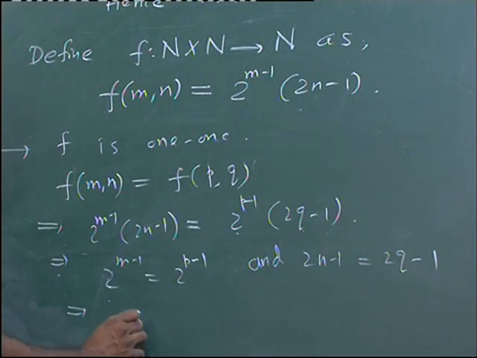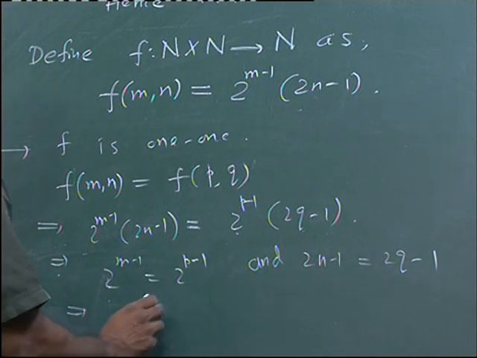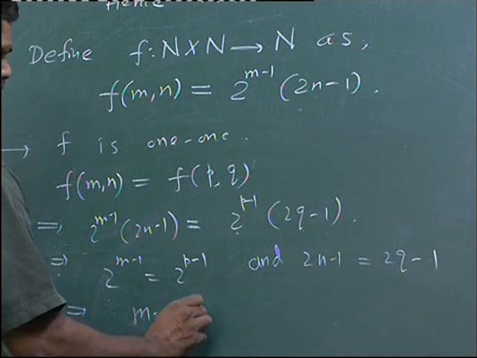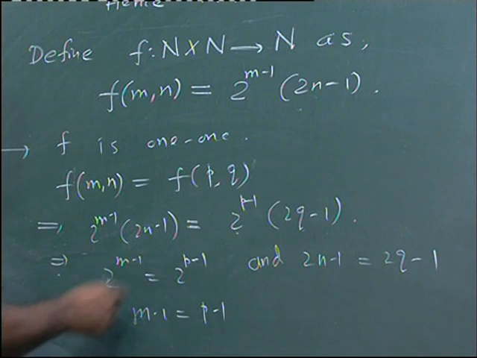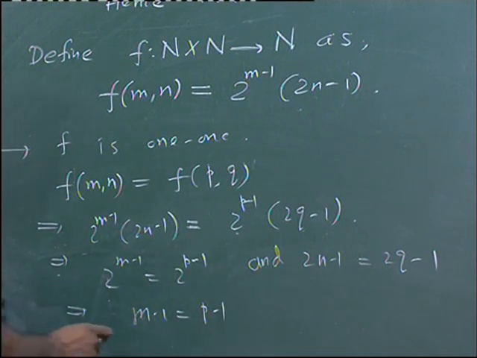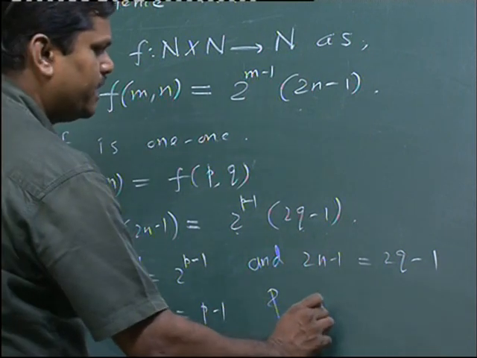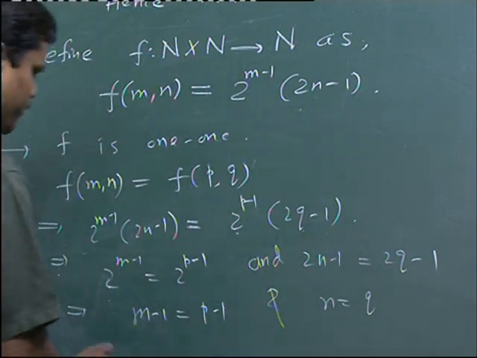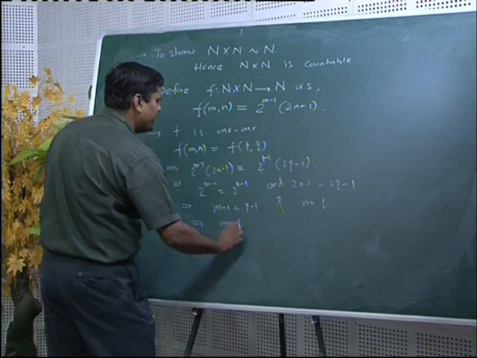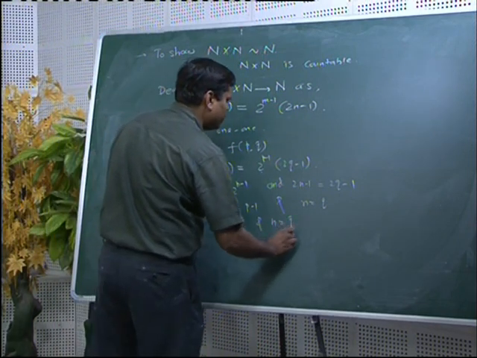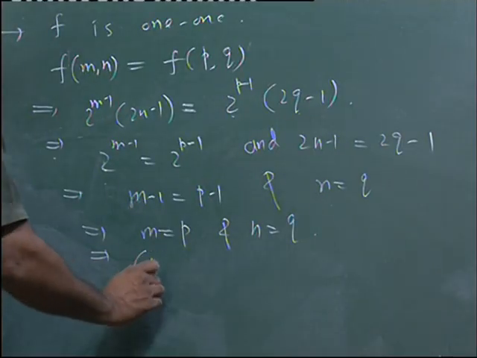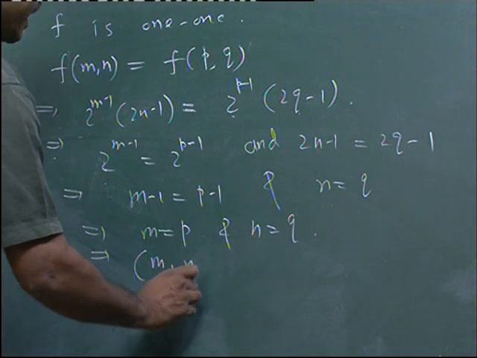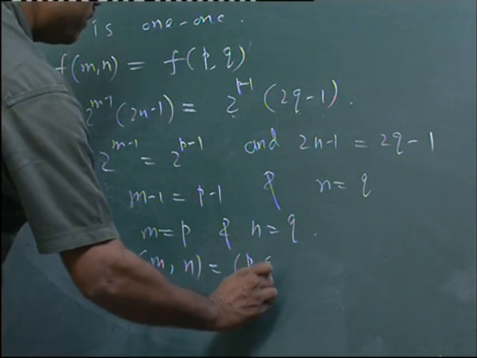This implies if the two bases are equal, because of the one-oneness of the exponent function other than the base 1, I can write m minus 1 is equal to p minus 1 and this will give you n is equal to q. So, m is equal to p and n is equal to q. This gives you that ordered pair m comma n is same as p comma q.